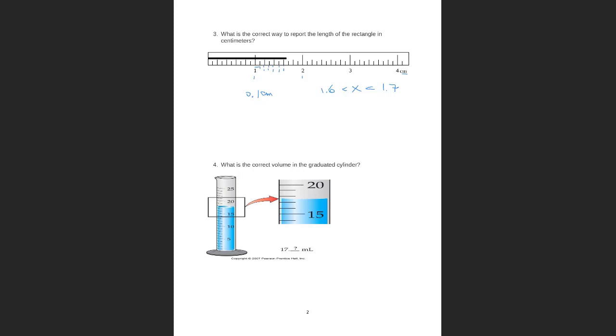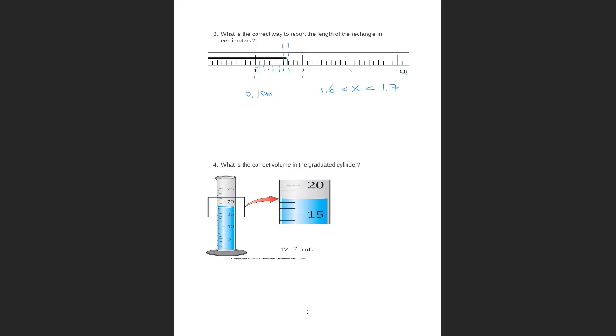So how are we going to express it? If I'm using this ruler, give me the length of that block with the correct amount of sig figs. What are you going to say? 1.7 centimeters. 1.7 would be if it's exactly here. So it would be 1.6 if it's exactly there.